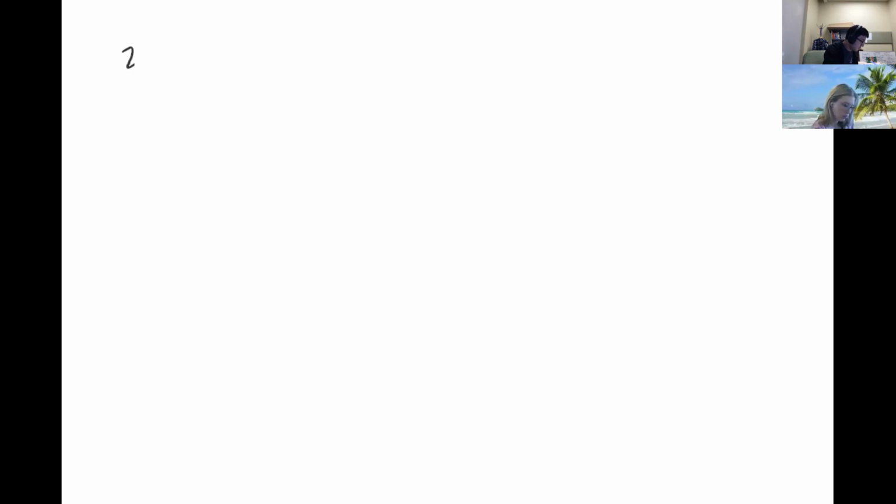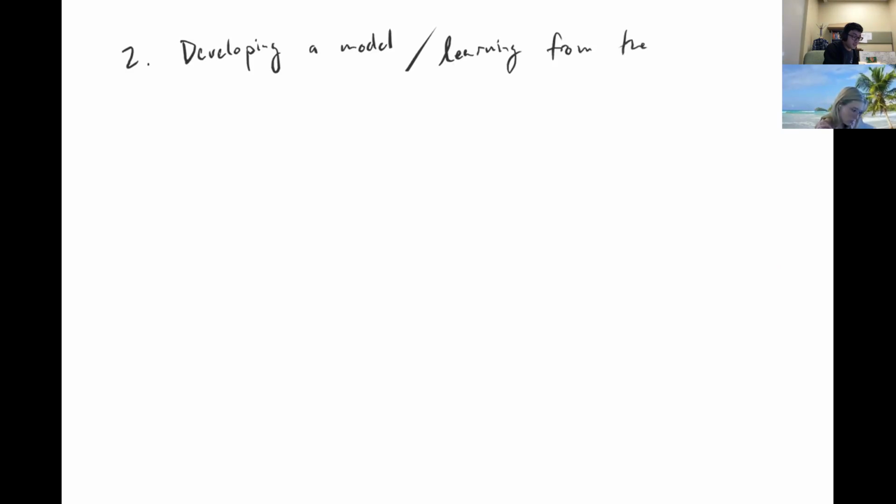So number 2, developing a model and learning from the data. This is really a generalization of the suite of models that we talk about.